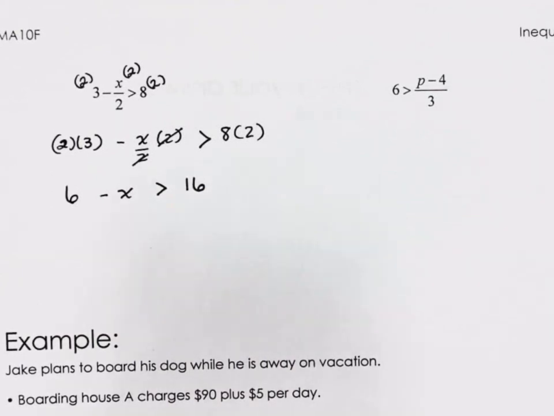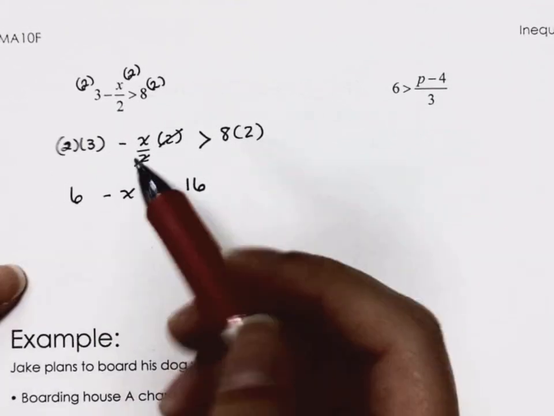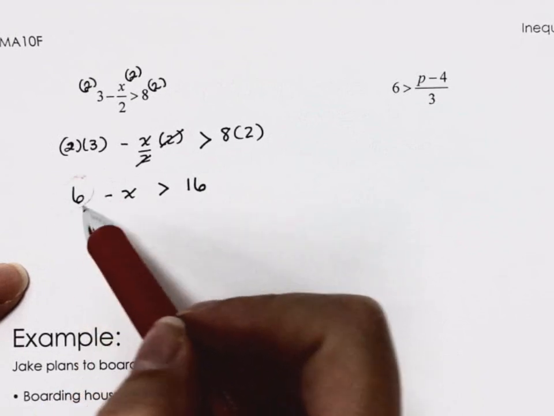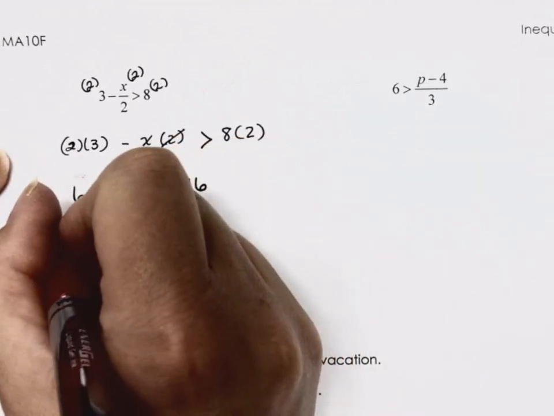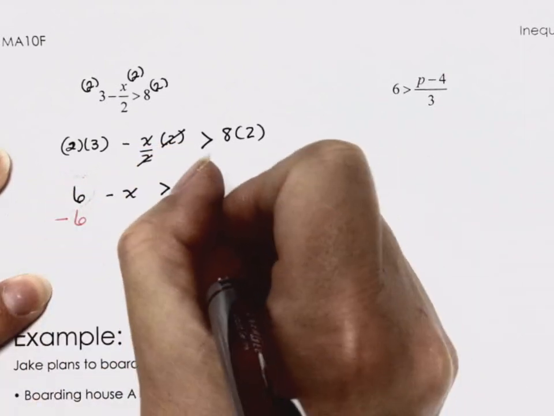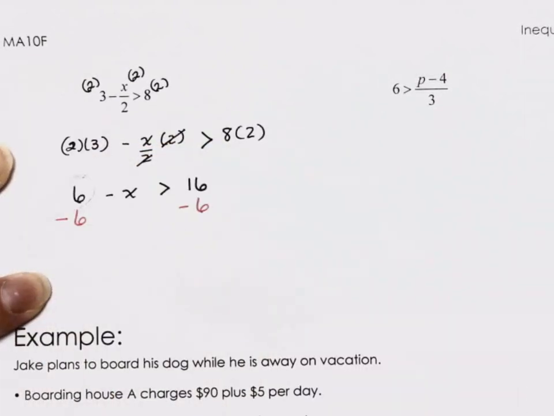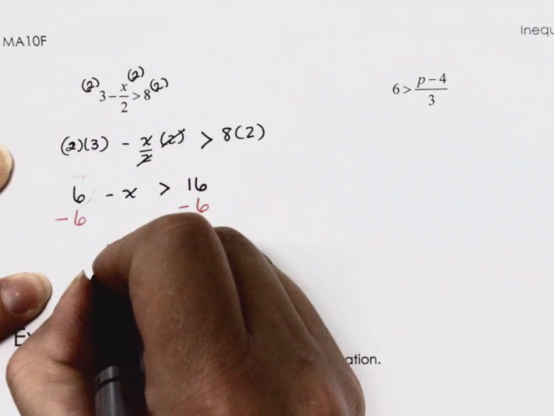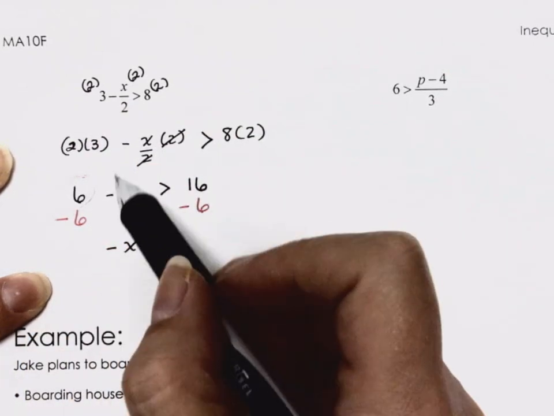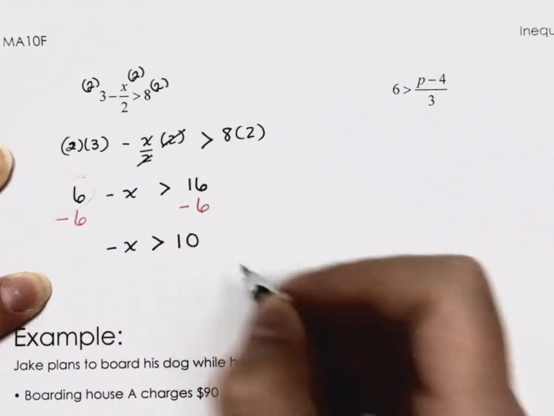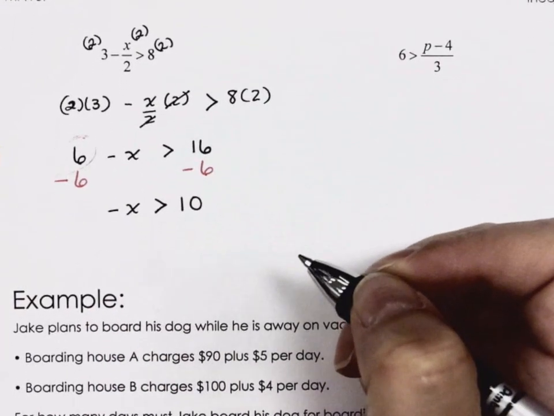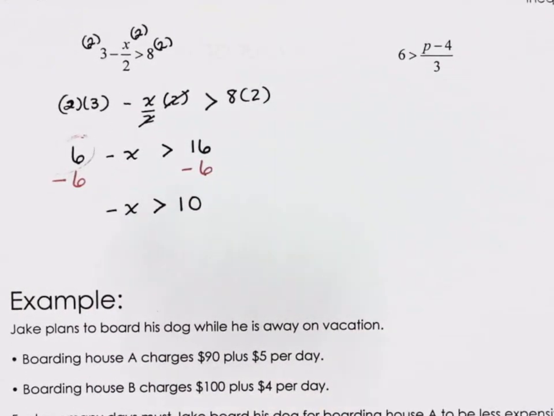I want to get x by itself, but this time I want to get rid of this 6. This 6 is a positive, so the opposite to that is going to be -6. So I am going to have negative x, because that negative stays with the x, is greater than 10. And I don't want a negative x, I'm not done yet.